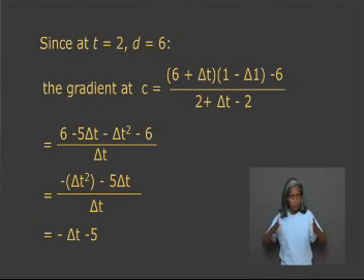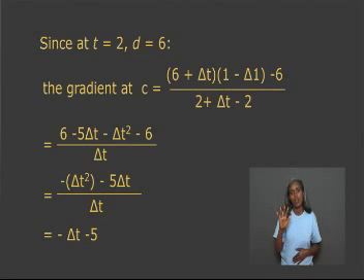We can expand and simplify this equation to negative delta T squared minus 5 delta t, over delta t, or negative delta t minus 5.